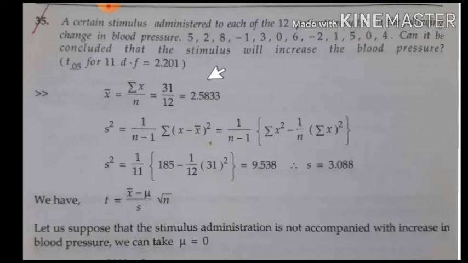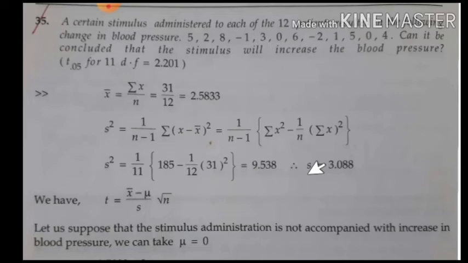So if there is no increase in the blood pressure, then I can take the mean of the population as 0. Why is it so?